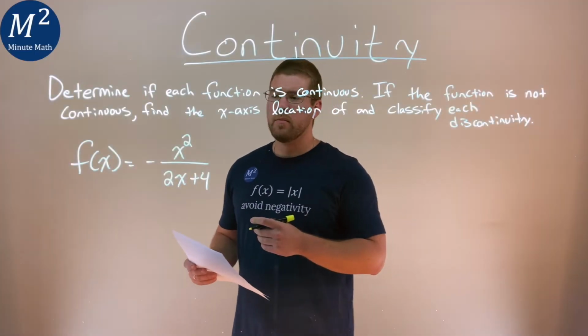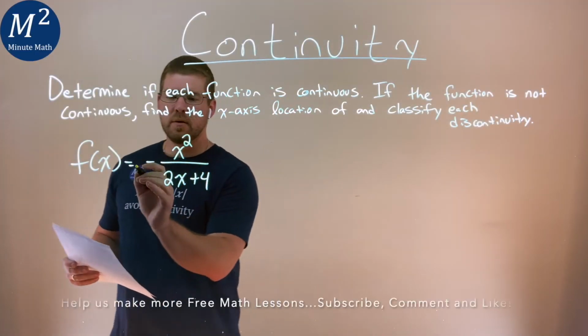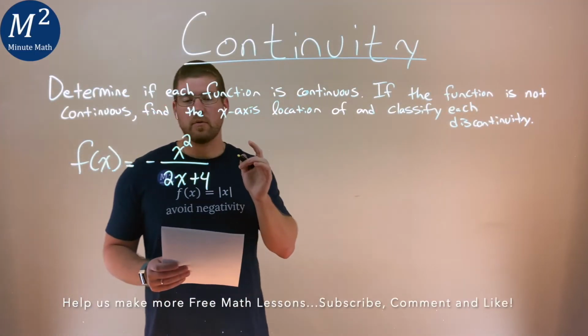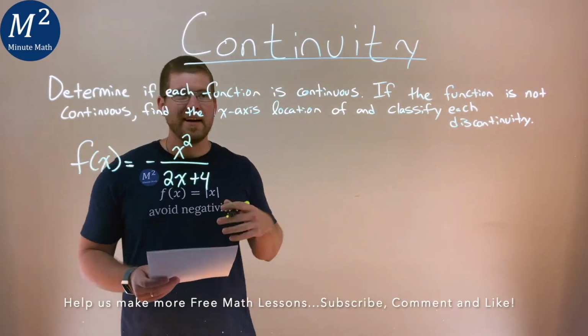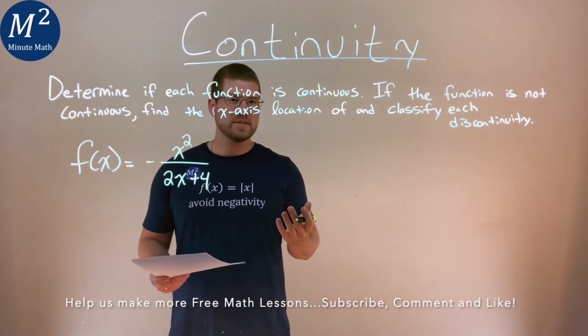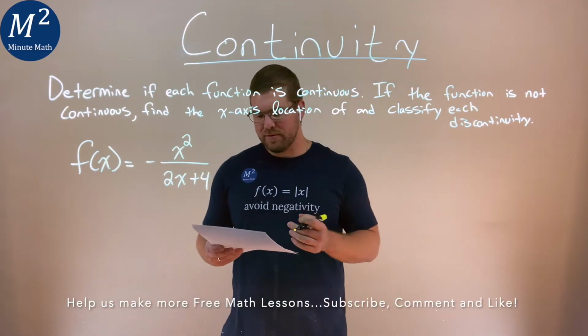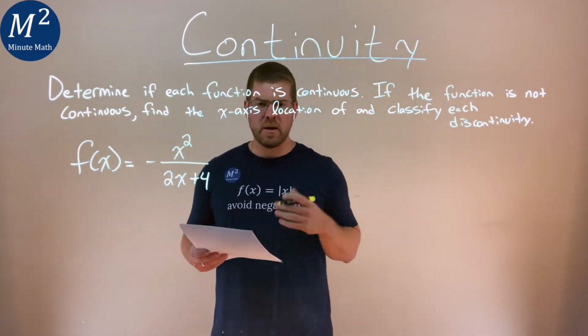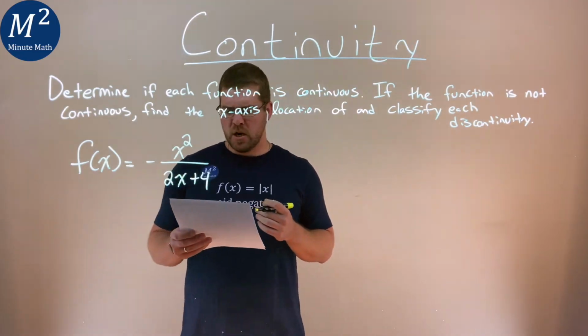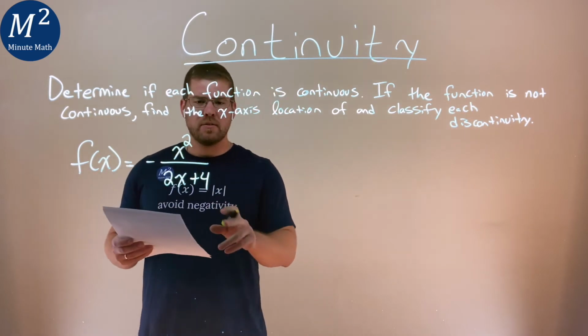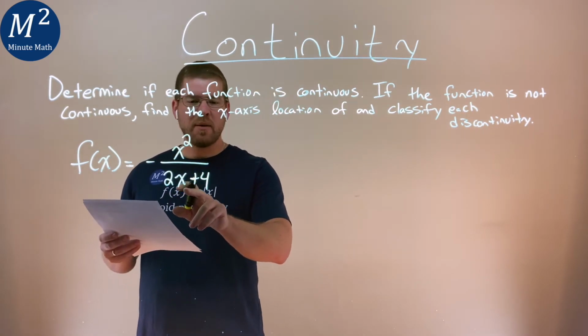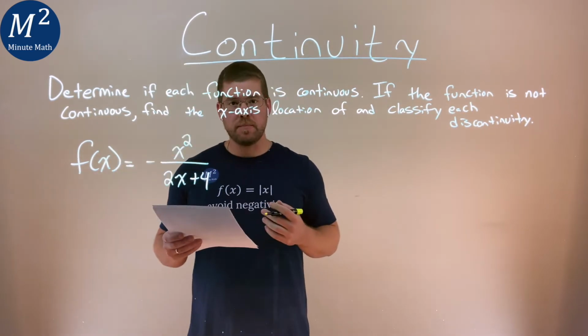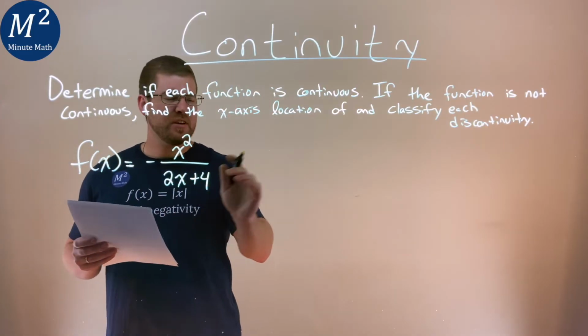We're given this problem right here. f of x is equal to negative x squared over 2x plus 4. And we determine if this function is continuous and what type of discontinuity it has if it's not, and where that is located. Well, right here, one thing I notice is that we're dividing by something that could be 0. So I'm going to see where that equals 0.